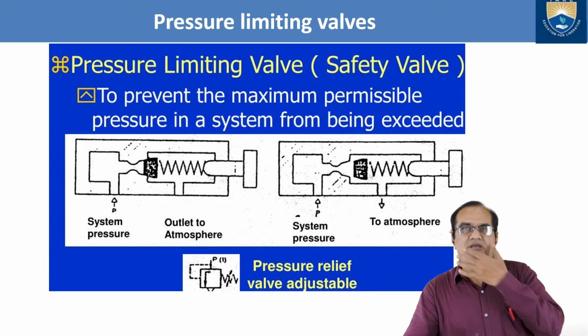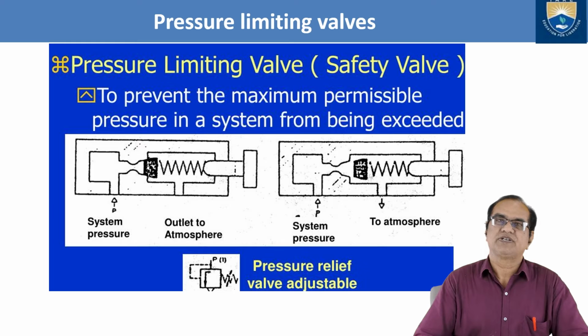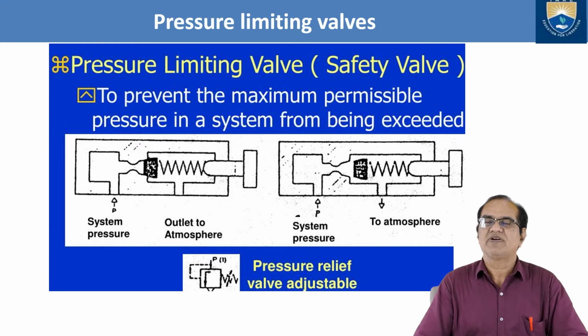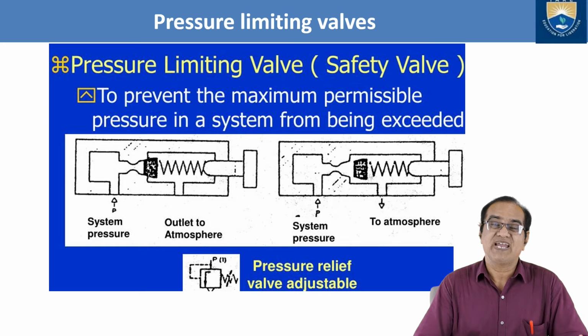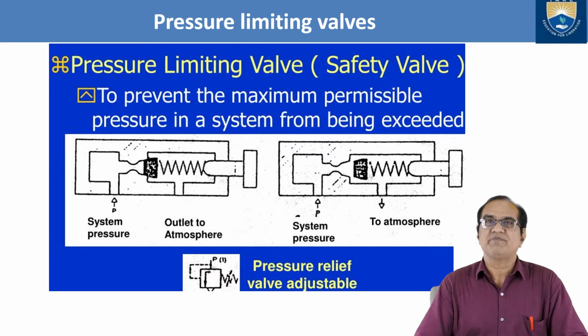Pressure limiting valve. Another very important valve is the pressure limiting valve, or the safety valve we can say. It is designed for a certain amount of pressure. If the pressure is more than that, it will exit from the system to prevent the maximum permissible pressure in a system from being exceeded.